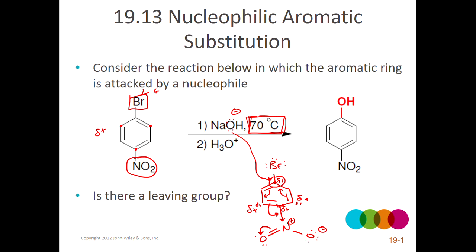We need a leaving group, we need an electron withdrawing group to make partial positive on the ring, and specifically we need an electron withdrawing group that will withdraw electrons through resonance to put a large partial positive at the site where we want the nucleophile to attack. We really need to entice it in there, because otherwise the ring is not going to have enough positive to attract in a nucleophile.